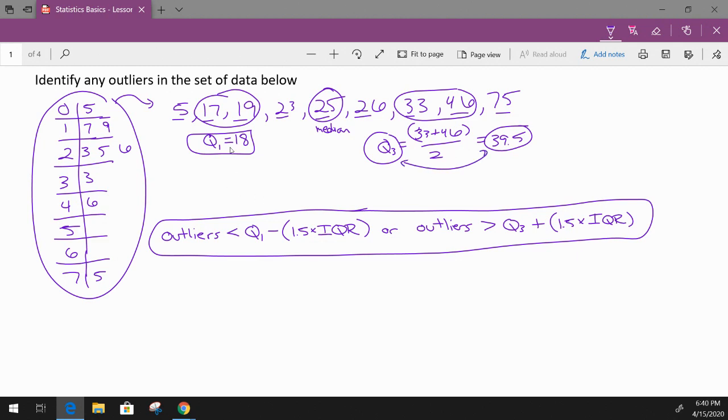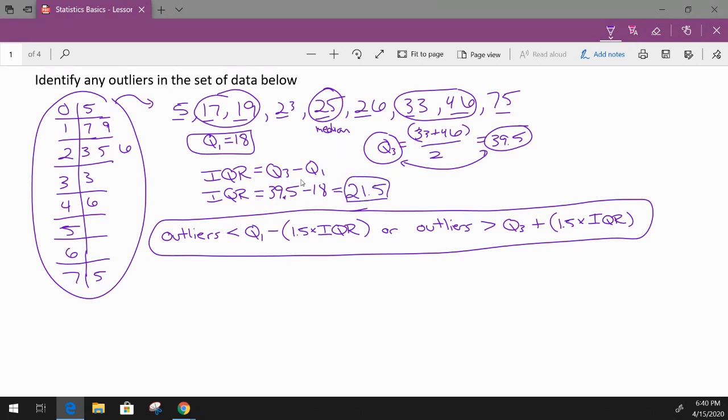Now that I know my Q1 and my Q3, I can find my interquartile range, or IQR, because you just find that by subtracting Q3 minus Q1. So my interquartile range is going to be 39.5 minus 18, which is equal to 21.5.